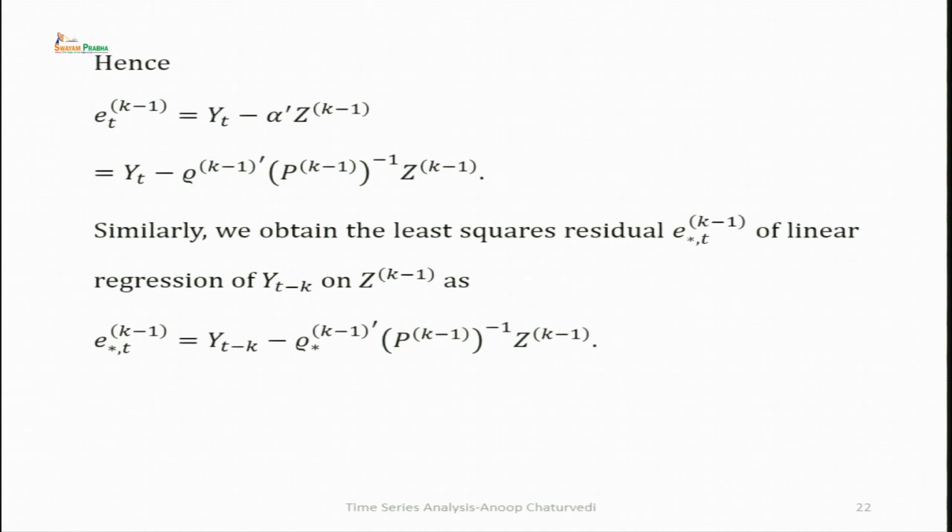So we can substitute the value of alpha in the expression for e_{t,k-1}, and finally we get e_{t,k-1} equal to y_t minus rho_{k-1} transpose P_{k-1} inverse z_{k-1}.